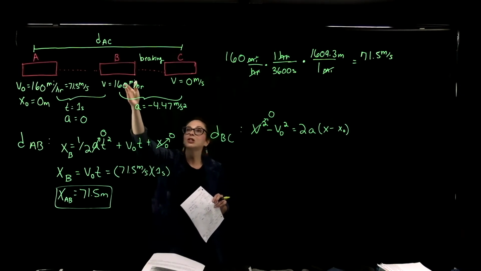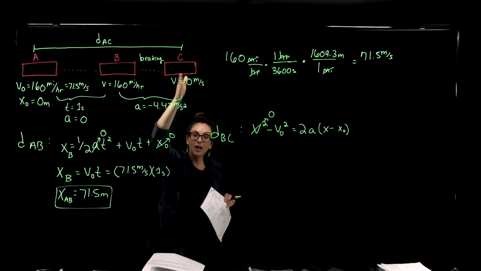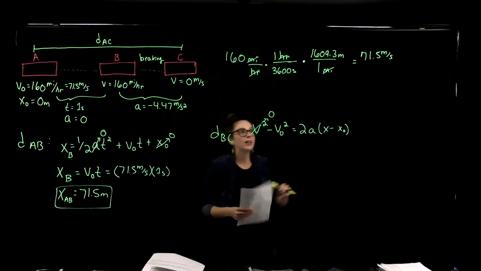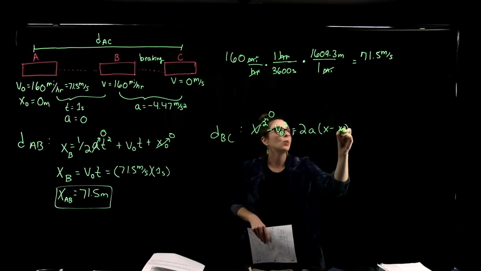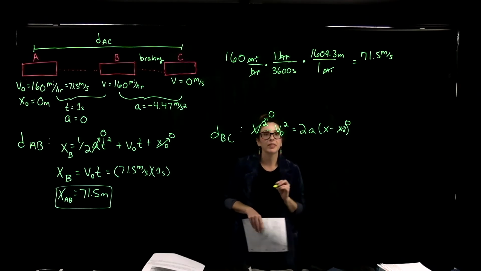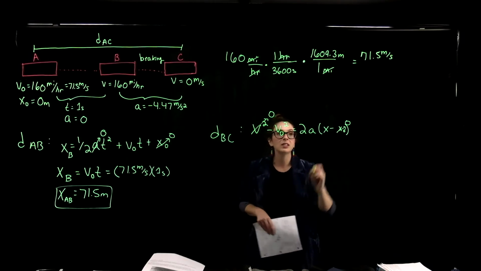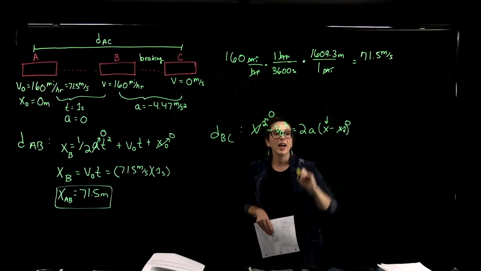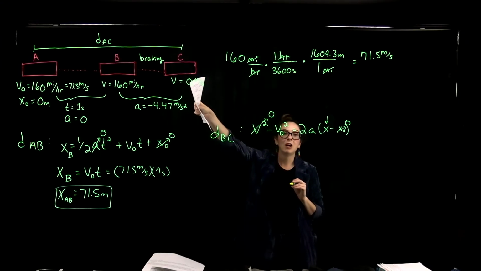Our final position would be this distance from B to point C. Before I fill this in with numbers, I'm going to solve this algebraically for x, our final position at point C.